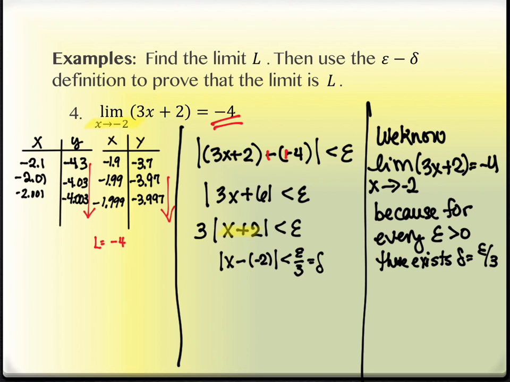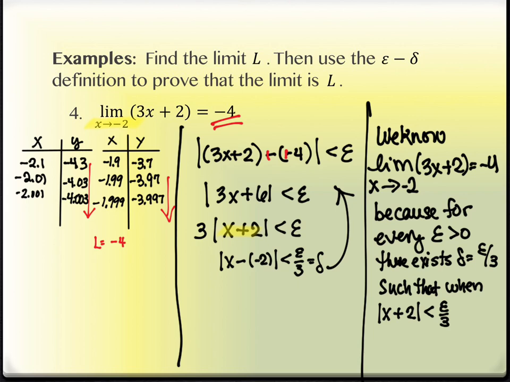Delta equal to epsilon over 3, such that when, and now sometimes people get this backwards, we write the next pieces going upward, such that when the absolute value of x, you can put minus negative 2 or x plus 2, is less than epsilon over 3, right?